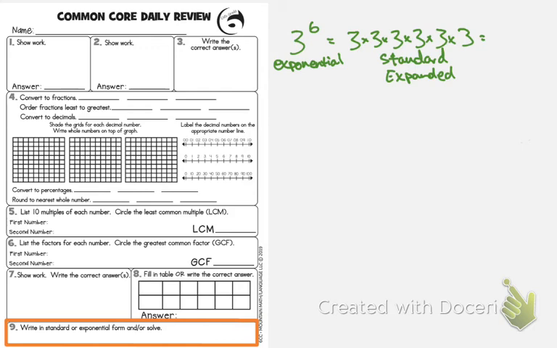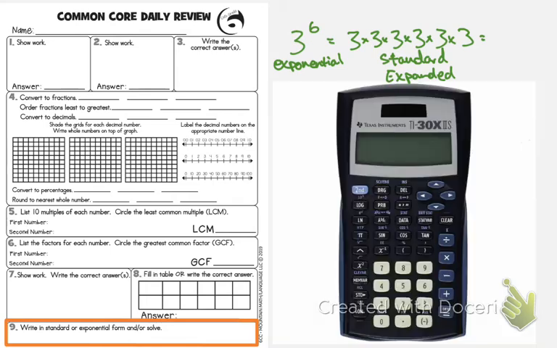So I'm going to go ahead and show a quick description of how you can use your calculator for exponent problems. Here's a look at the calculator that we have in our classroom. Your calculator might be different, so the button might not be in the same place. However, the button will be the same button. That is the button we would use to show exponents.